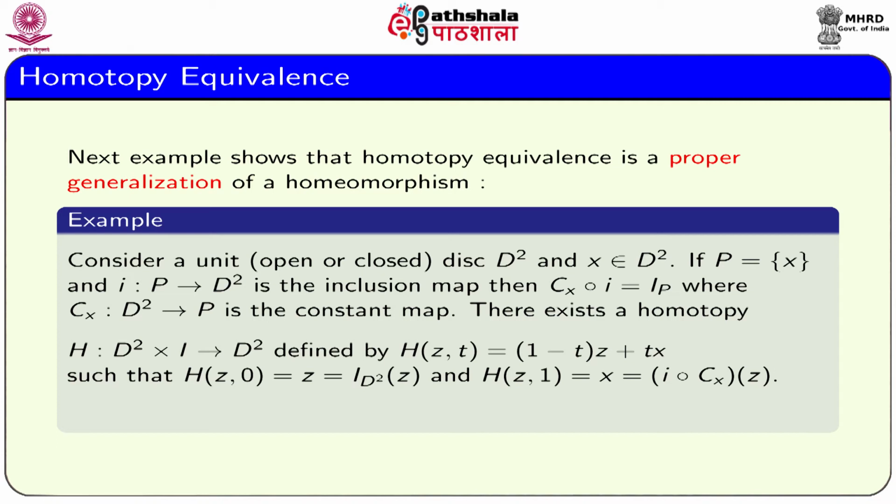If t equals 0, then H(z,0) is z, that is the identity function evaluated at z, and if t equals 1, then H(z,1) equals x, which is inclusion composed Cx evaluated at the point z. Hence, inclusion composed Cx is homotopic to the identity function on D2.